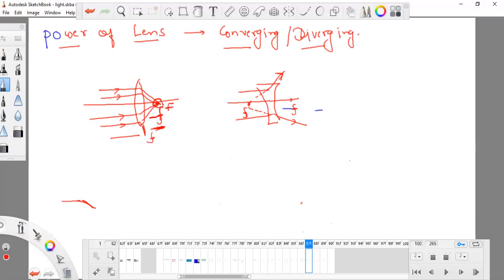It is trying to add or communicate all the rays here. But the thin or less fatty person is not that good, because the light rays will come but they will go away from this principal focus.